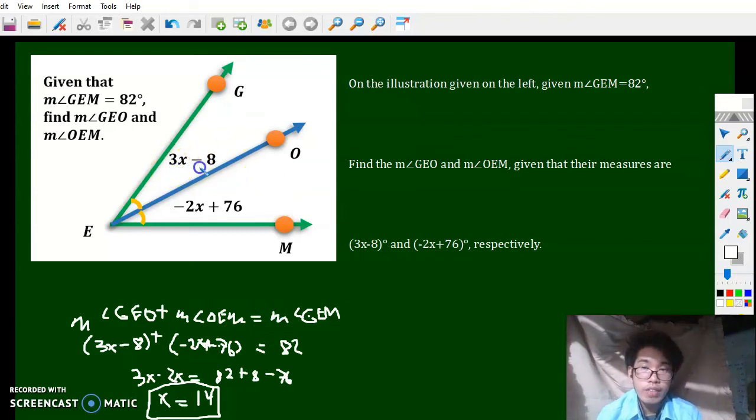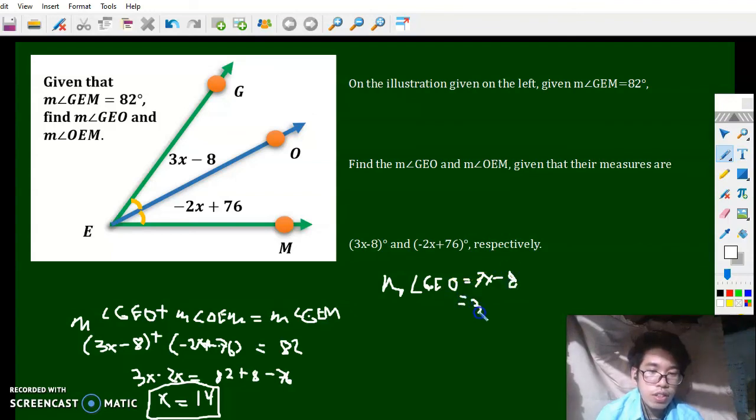So the measurement of angle GEO is equal to 3x minus 8. I'm sorry for that writing. We simply substitute 14 there, so 3 times 14 minus 8.